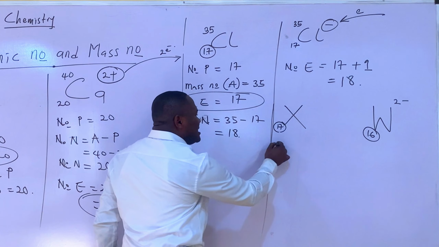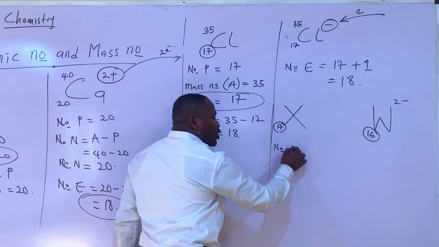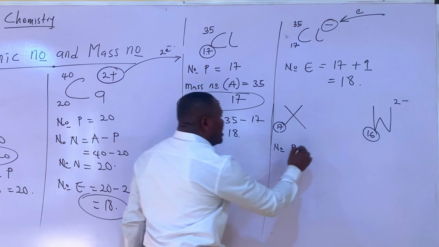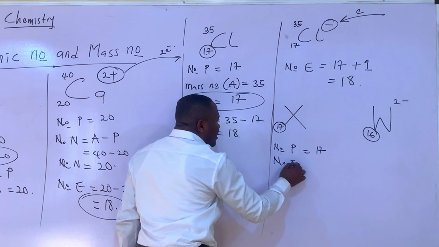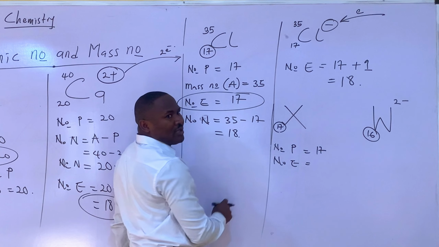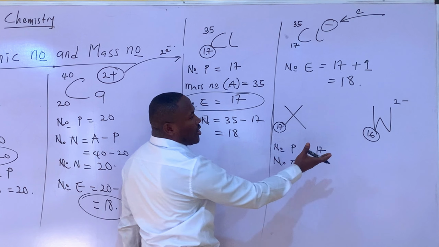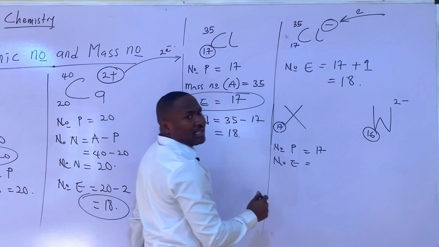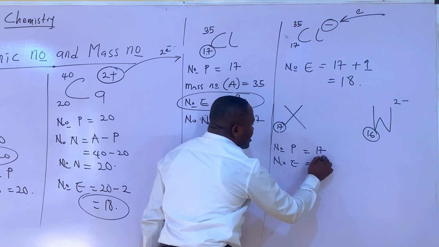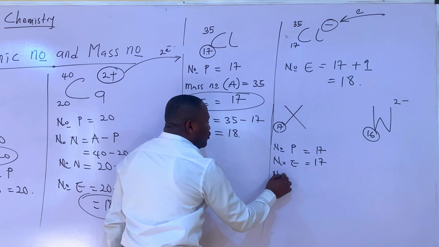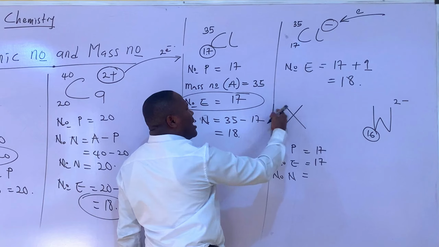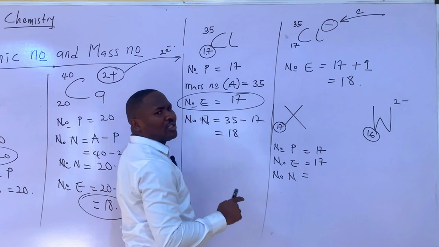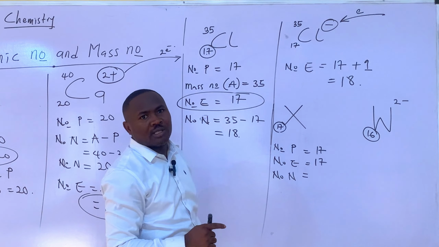So now, what is the atomic number? Atomic number is the number of protons, which is equal to 17. Number of electron is still 17 because this atom is neutral, unlike this one that possesses a charge. So this again is 17. Number of neutron: what will be the mass number of chlorine with atomic number 17?